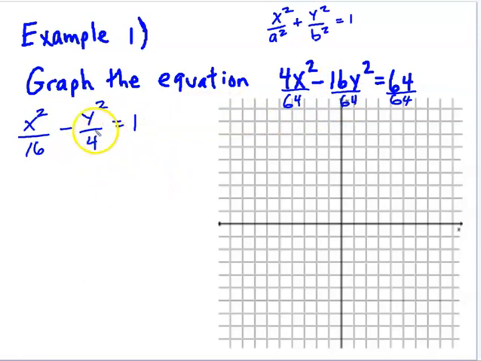Okay, so now we've got the hyperbola equation in standard form, and to begin with, it's going to look the same as what we did when we graphed ellipses. I'm going to put positive and negative 4, the square root of 16, on the x-axis. I'm going to put positive and negative 2 on the y-axis. But from here on, it gets very, very different than the graph of an ellipse.